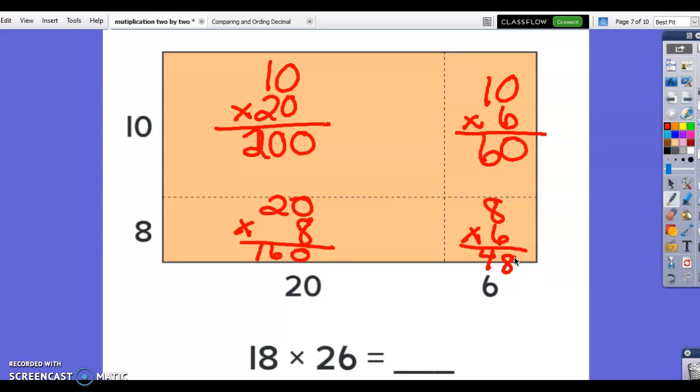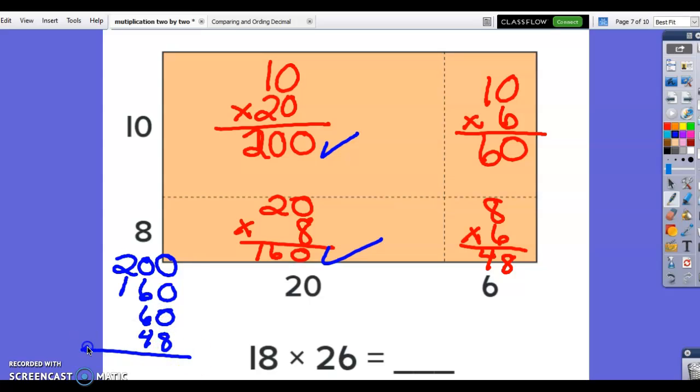The last and final step is remember to add. So we're going to take our 200, our 160. So those two are done. Then I have 60 and 48. So then I have 0 plus 0 plus 0, which is 8.